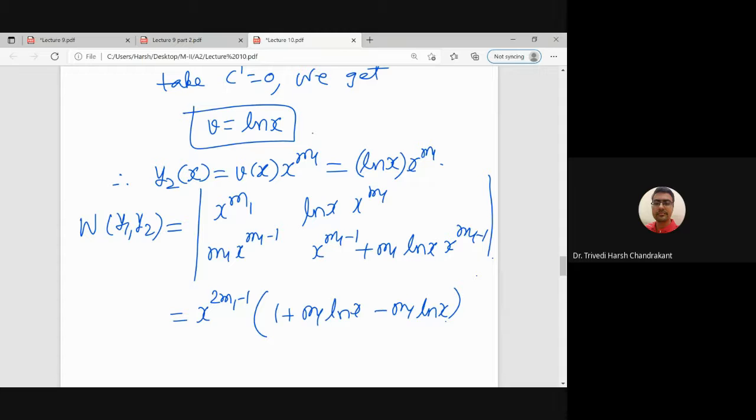What we can do is first take x power m1 from the first row common. From the second row we can take x power m1 minus 1 common, and then essentially this will become x power 2 m1 minus 1 times the determinant of 1, log x, m1, 1 plus m1 log x.